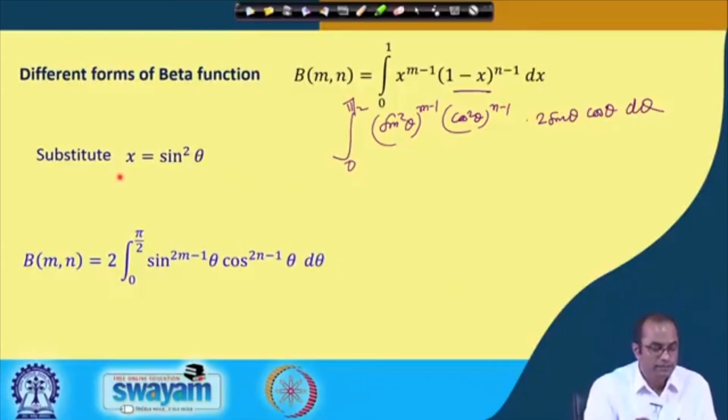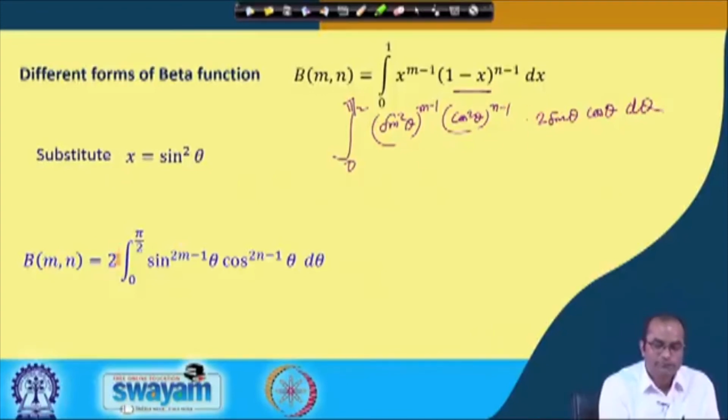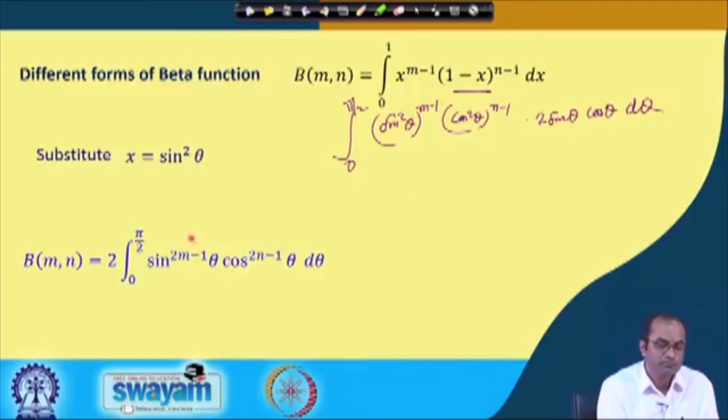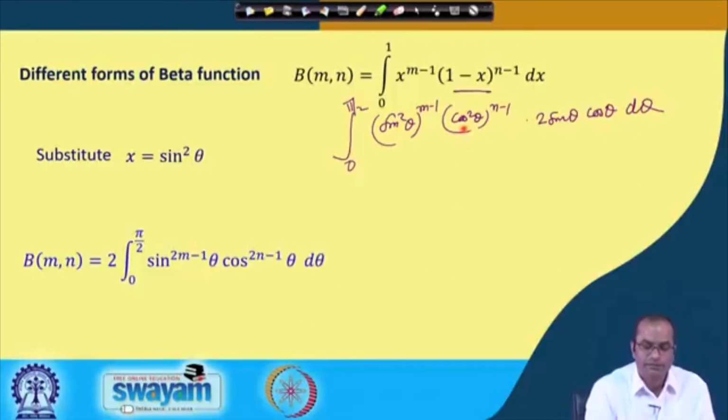So, we are getting 2 times sine power 2m minus 1, since the square gives 2m minus 2 and one more sine factor is there. Then the same for cos power 2n minus 1 d theta.